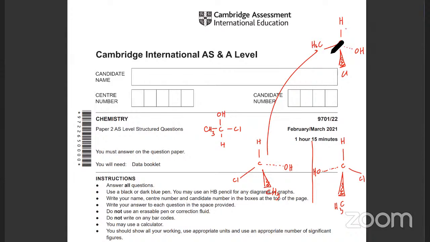Now this one is not mirrored in the conventional sense, the way you're used to drawing, but that one is still a mirrored version because two of the bonds are in the same orientation, but two of the bonds are in a different orientation. So you should spot the difference in orientation, that this carbon atom has a certain orientation, but that one over here has a completely different orientation, that two of the bonds are in exactly the same orientation, but two of the other bonds, the Cl, instead of going to the left, is actually coming out of the page.